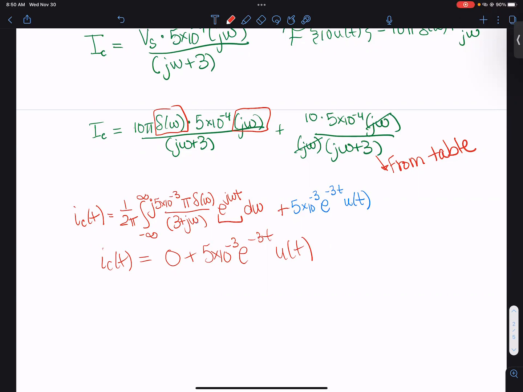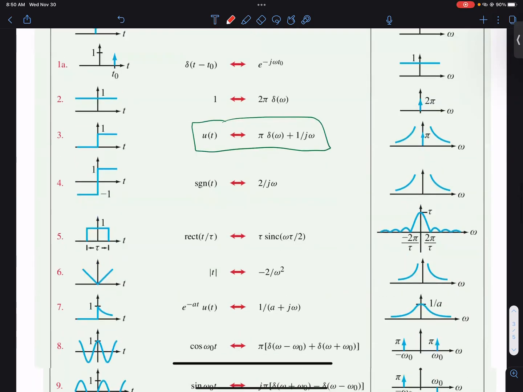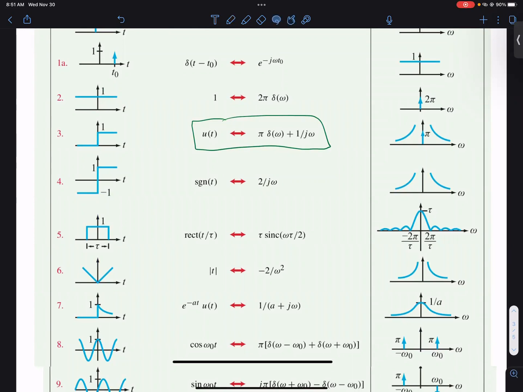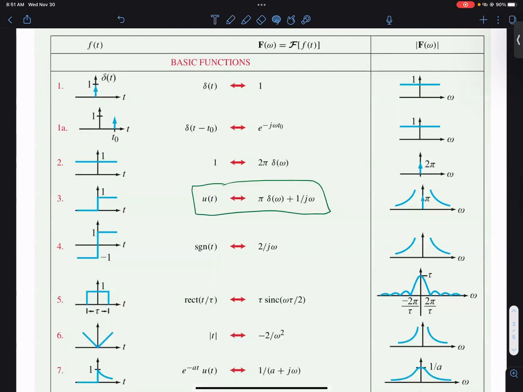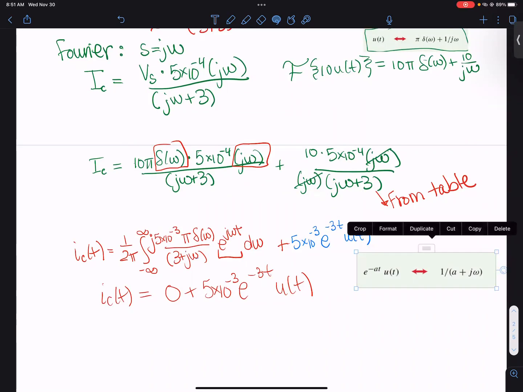The second one, 1 over j omega plus 3, is going to be this transform. So it just becomes 5 times 10 to the minus 3 e to the minus 3t u of t.